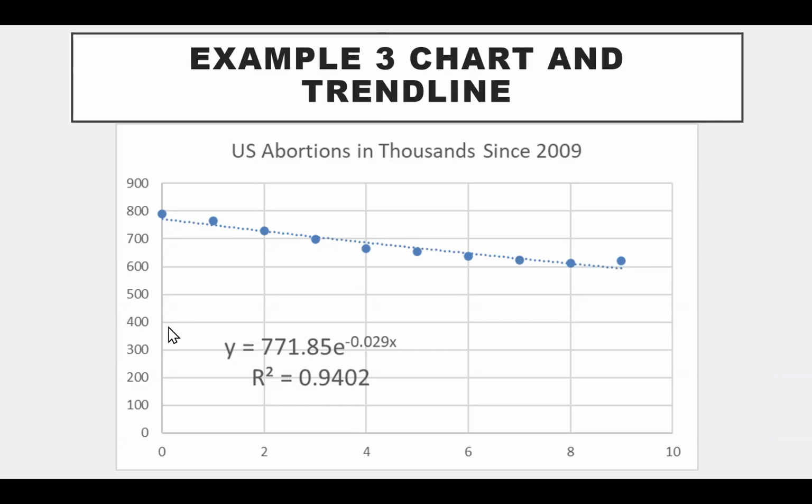And we can fit an exponential model to those data. That exponential model would come up as y equals 771.85 times e to the negative 0.029x. And the r squared would be 0.9402.